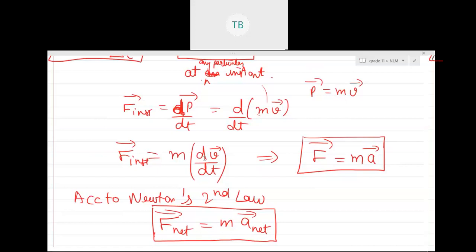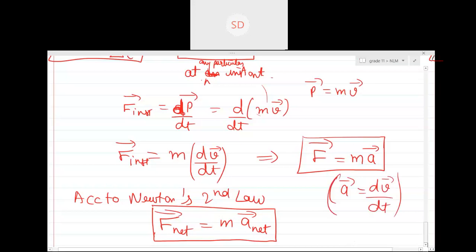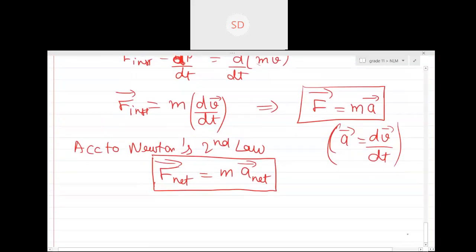Acceleration is defined as the rate of change of velocity, dv by dt. Yes or no? So basically, I just replace this dv by dt with a. Nothing else.